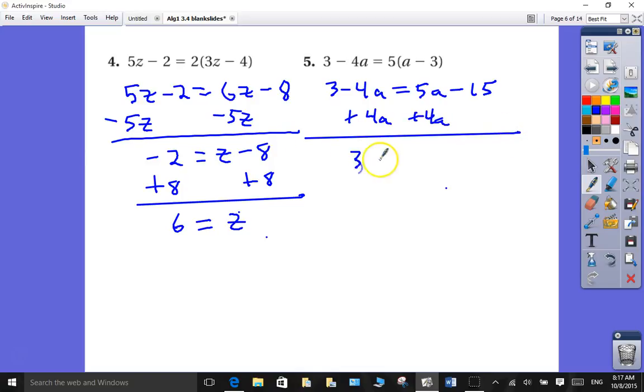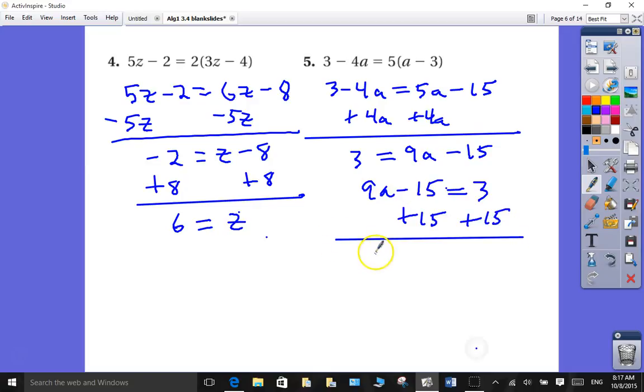So now we have 3 equals 9a minus 15. 9a minus 15 equals 3, plus 15, plus 15. 9a equals 18. 9a divided by 9, 18 divided by 9.